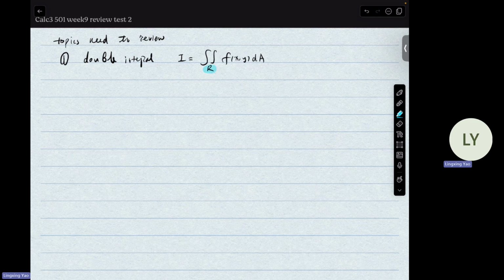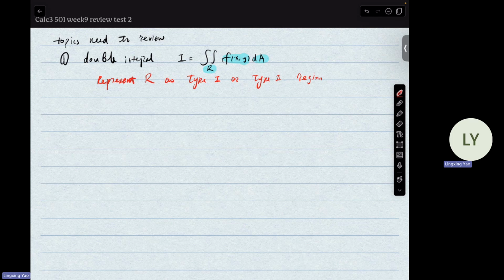This is the domain of integration, this is the integrand, and this is the differential of area. The most important thing for us to evaluate the double integral is to represent R as either a type 1 or a type 2 region.